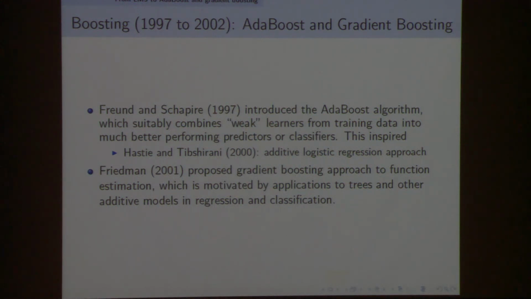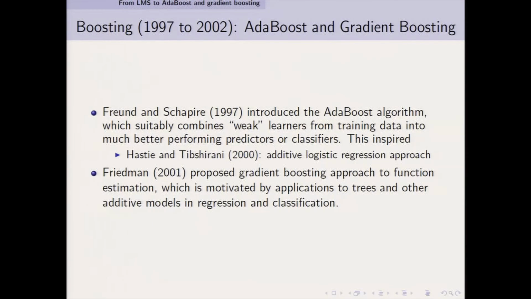So now what we want to talk about is the period between 1997 and 2002, where AdaBoost, adaptive boosting, and gradient boosting came about. Freund and Schapire introduced the AdaBoost algorithm, which suitably combines weak learners. The idea is for classification.